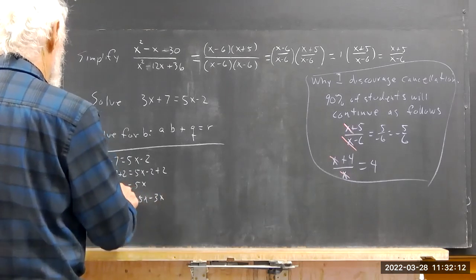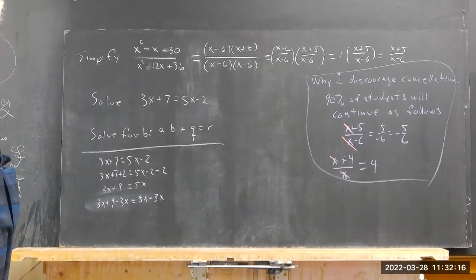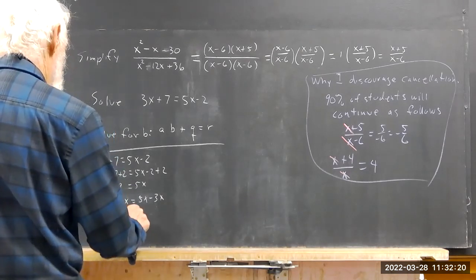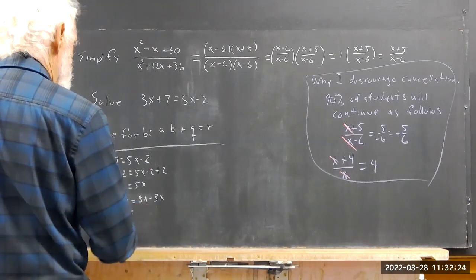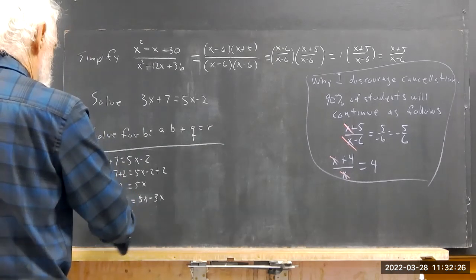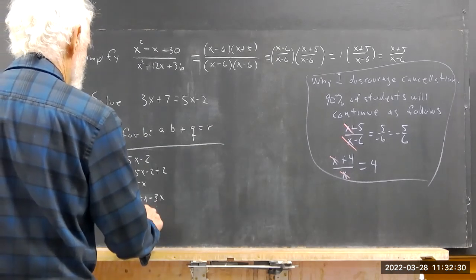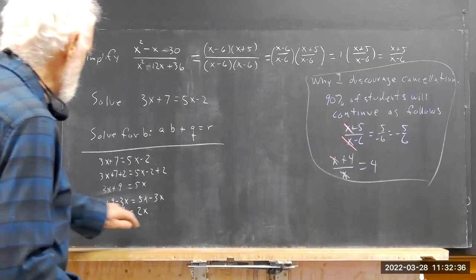I think I wrote down -9. We're going to subtract 3x from both sides. And that's going to give us 9 equals 2x. Checking myself. Okay, it's been a strange morning.